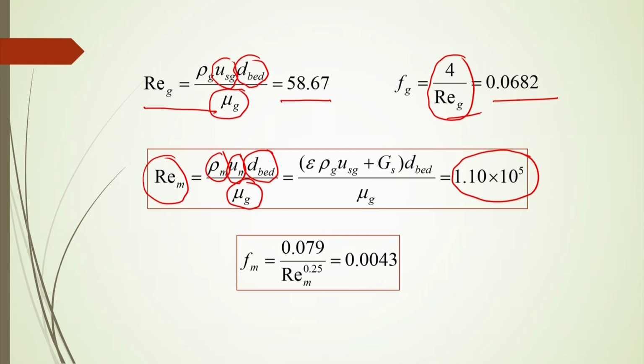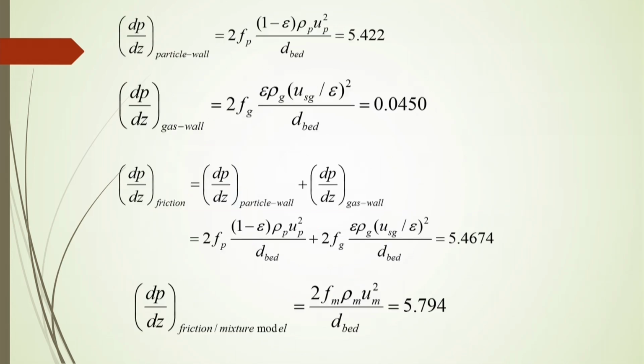And based on this Reynolds number, what should be the friction factor of the mixer? Since this is the turbulent region, you will get the value of 0.0043.